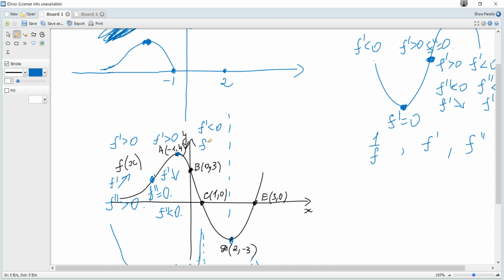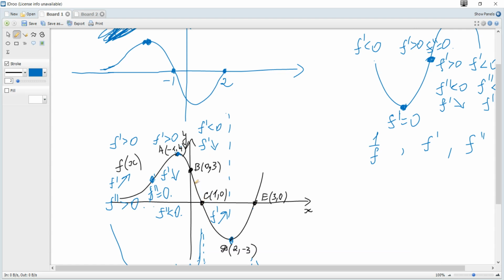Second derivative is negative, or the first derivative is a decreasing function, and here the first derivative is an increasing function because it's concave up, and d it's at 2, increasing, decreasing, and at 2 the derivative is 0, so it looks like this.